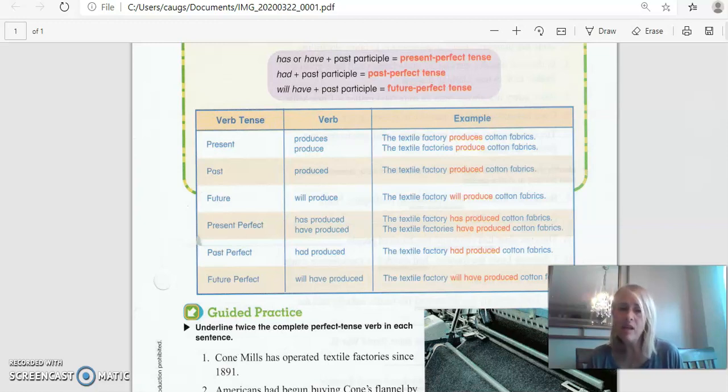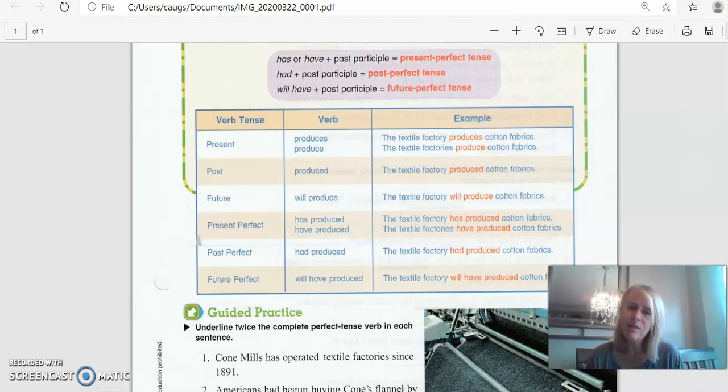But if you'll skip down to where it says present perfect, the difference there is that you have the helping verb has and have. The textile factory has produced cotton fabrics, and the textile factories have produced cotton fabrics. Those are your present perfect.